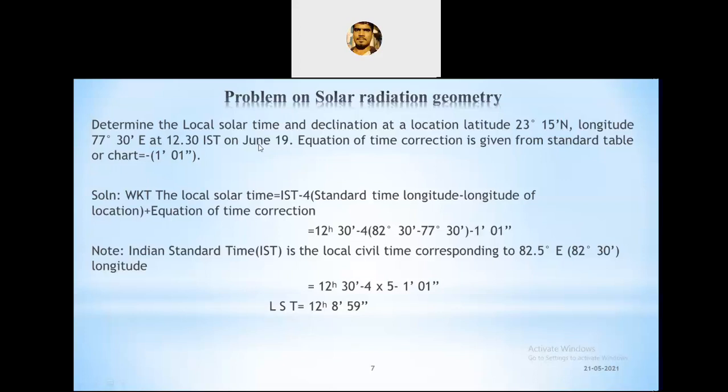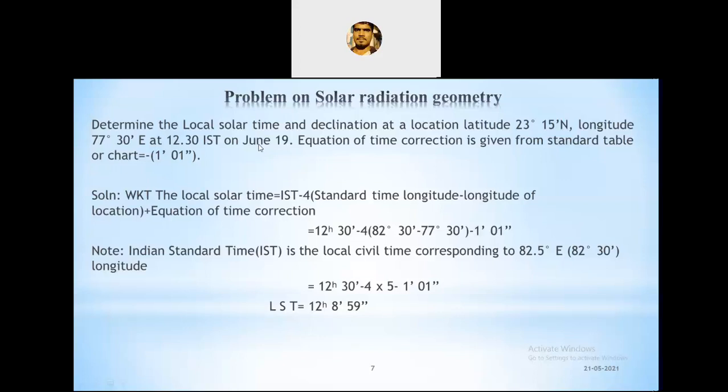These are the two corrections. By applying these corrections, the time on that particular day is 12 hours 8 minutes 59 seconds, though the standard time is actually 12 hours 30 minutes. Like this you have to find out the time.